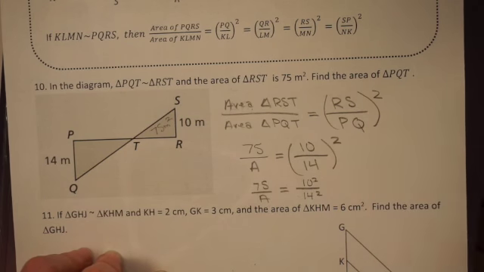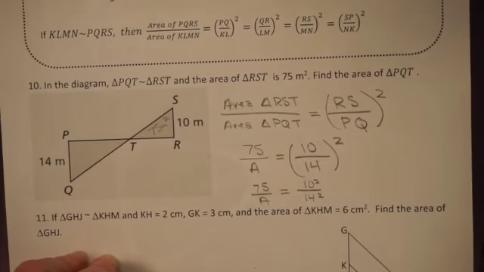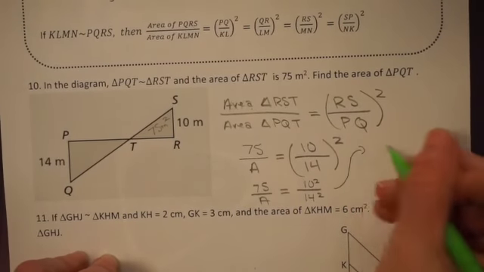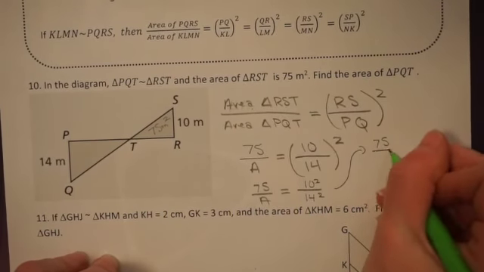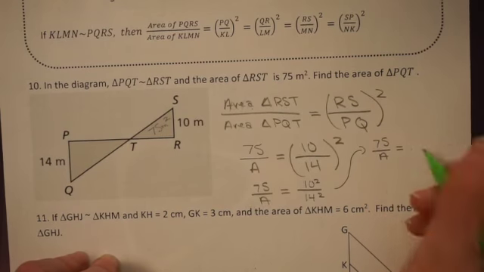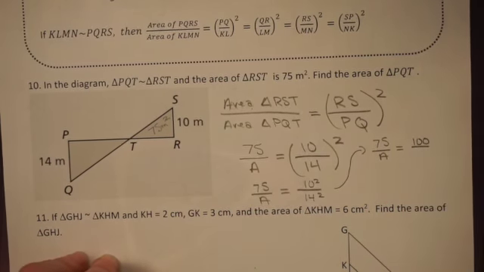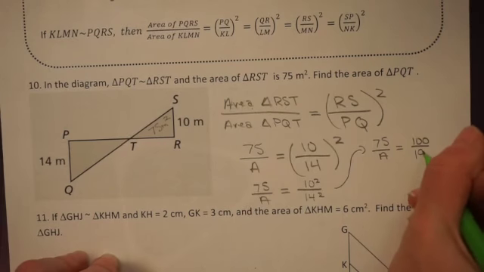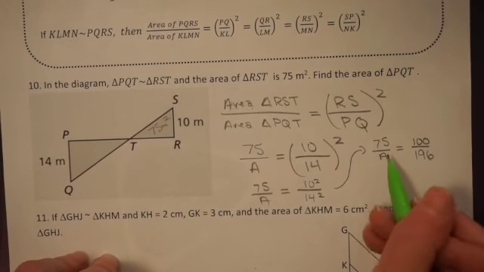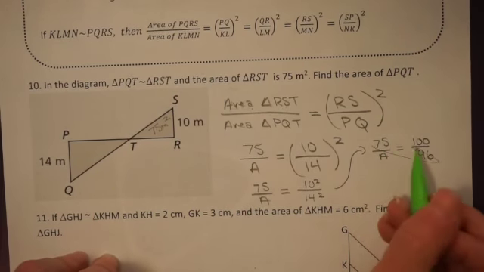So when we do that, you get 75 over A, our area, is equal to 100 over 196, because 10 squared is 100, and 14 squared is 196. Now we just do what we did before, just cross multiply.